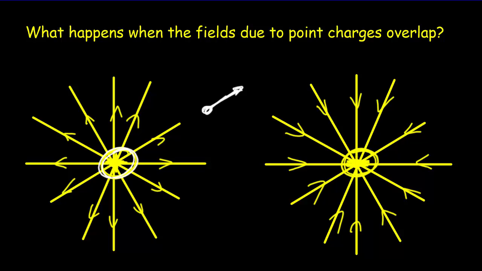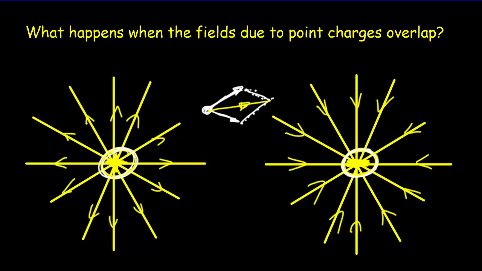Now, the negative charge here is going to attract, and it's a little bit farther away, so it's going to produce a force that's a little bit less, so I'll draw my vector a little shorter, maybe something like that. And then if I add those two electric fields as vectors, I can use my parallelogram rule, and I should get something about like that. That would be my resultant electric field at that particular point.